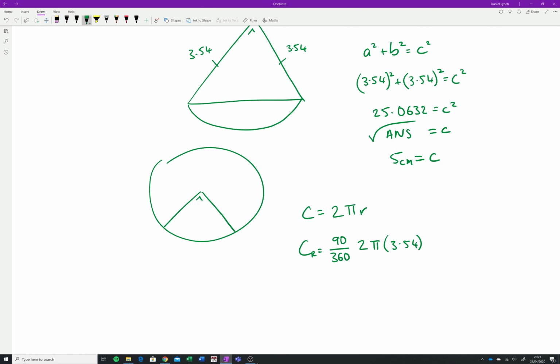So let's do that. So there's pi multiplied by 3.54 multiplied by 2, and then we get that and divide by 4 because it's a quarter of it. So this circumference part here, just of that particular region, is equal to 2 decimal places, 5.56.